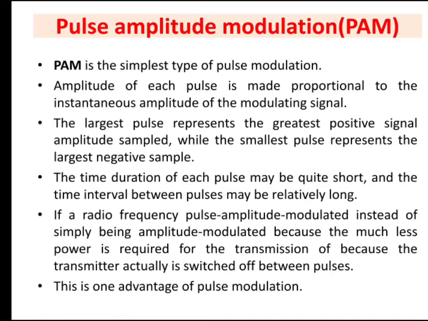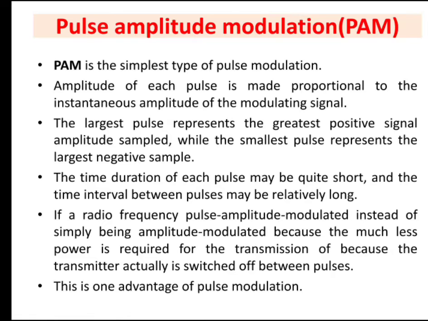While you see the diagram, you will understand in more detail. The largest pulse results from the greatest positive signal amplitude samples, while the smallest pulse represents the largest negative samples.